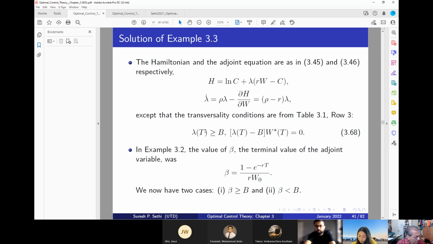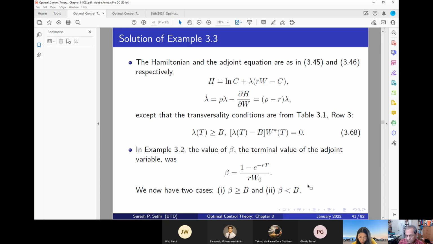So this condition allows us both sides. Now, whatever the value of B is, if it is smaller than beta, then we know that this condition is satisfied with strict inequality, and so W star T will be 0. If on the other hand, B is strictly bigger than beta, then we want to just set this equal to B, because remember, when B is strictly bigger than beta, we know that wealth at capital T will be strictly bigger than 0.